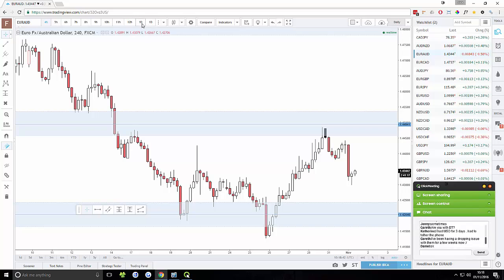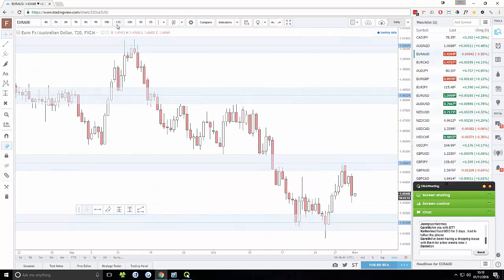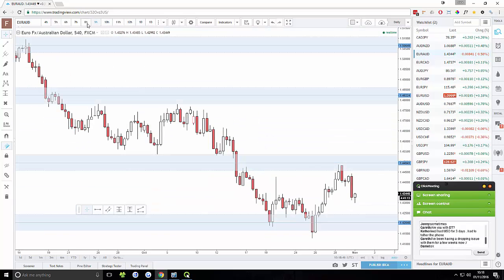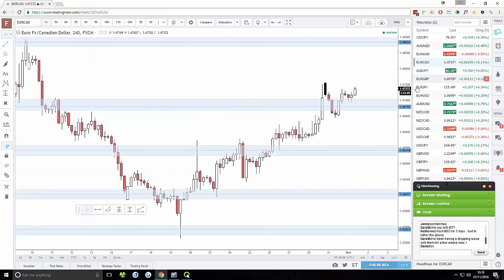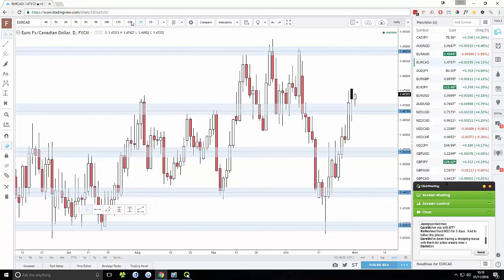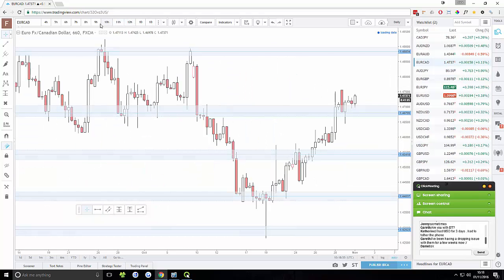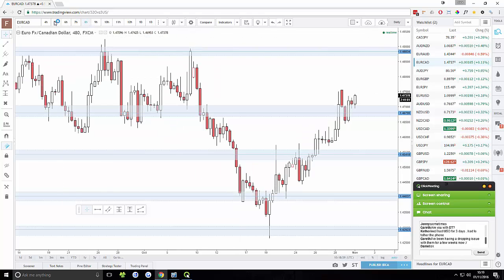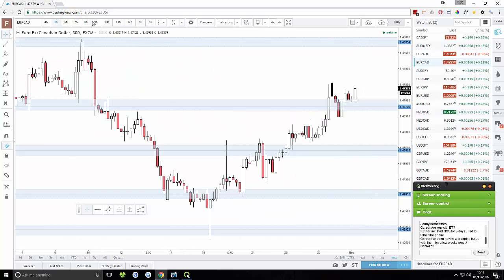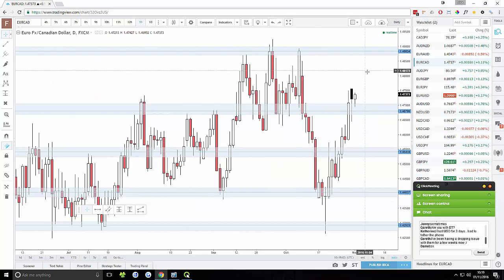Nice. Euro AUD. Nothing much happening on Euro CAD. This is like a continuation on Euro CAD, but it's not the kind of continuation I'd want to trade.